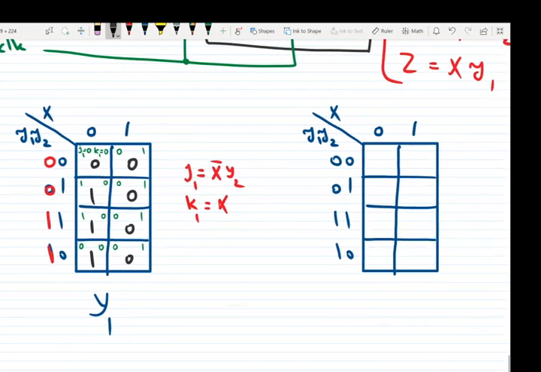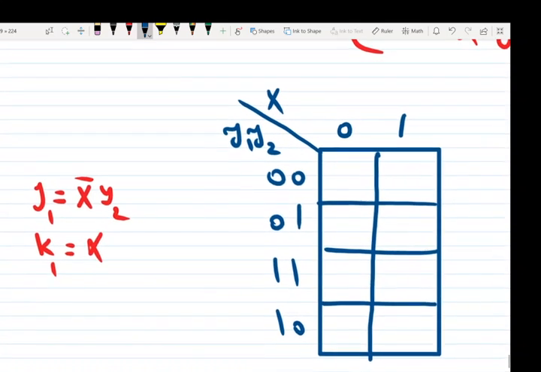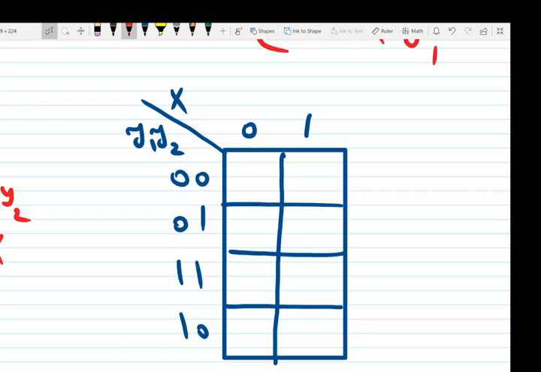Let's move to the second table. The second table is for Y2 and this one is a T flip-flop. Let's just see what is T. T is equal to, of course, Y1 XOR Y2 bar.